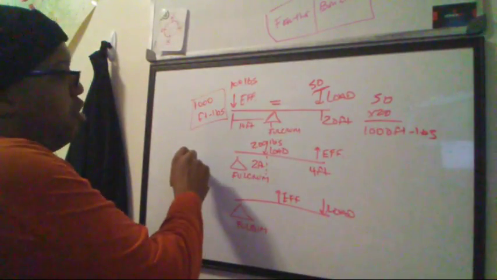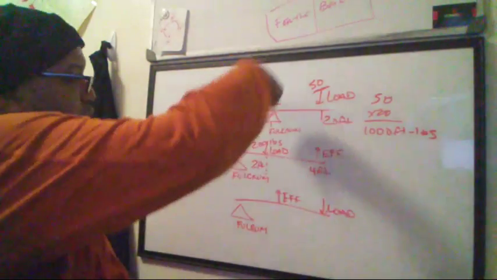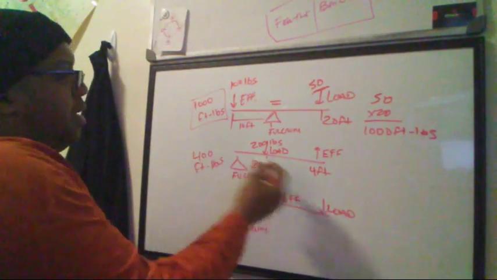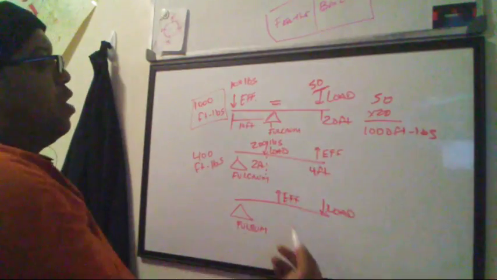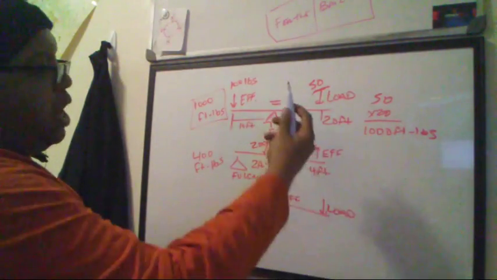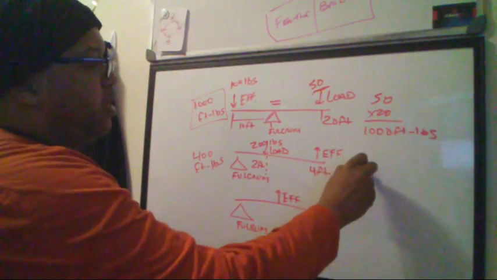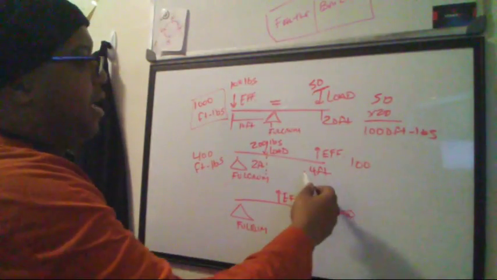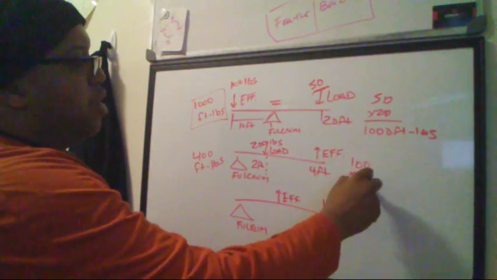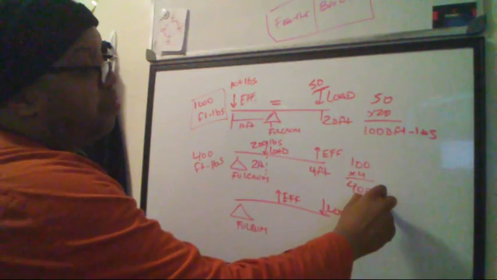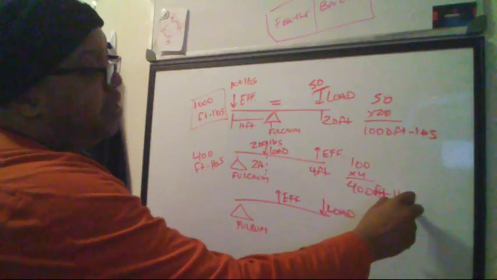Then we have 400 foot-pounds exerting downward. And so we have to have 400 foot-pounds going upward in order to raise the load. So we only need to apply 100 pounds because 100 times 4 will yield the 400 foot-pounds that we need. FT, LBS. The foot-pounds that we need in order to raise the load.